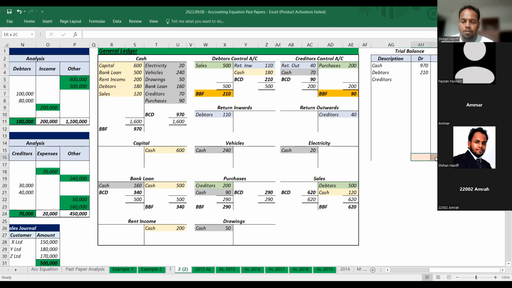What is the total debit and credit trial balance? Yes. Return inwards, return outwards.